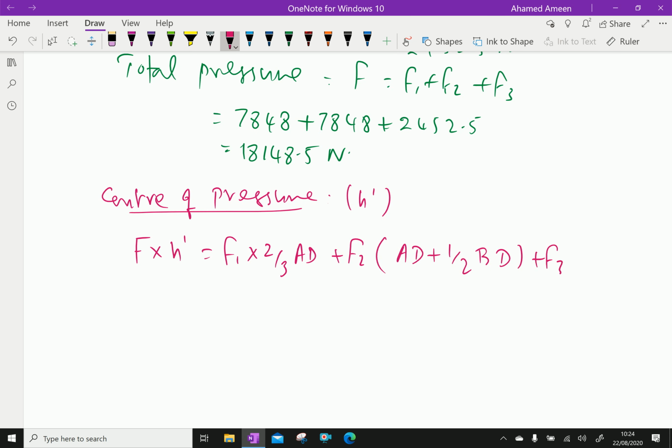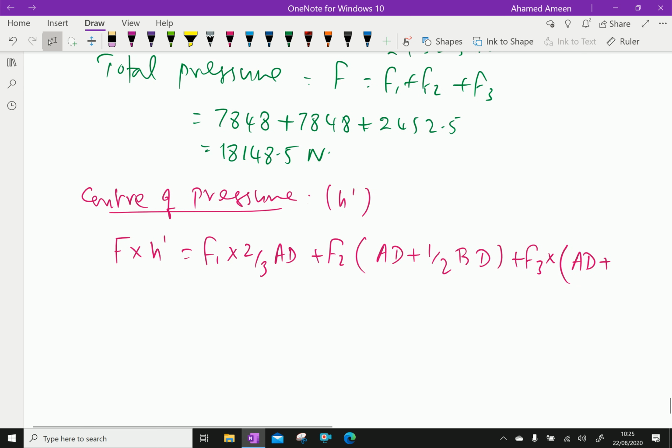Then F3 is another triangle, with the distance AD, the height from the apex, plus two-thirds of BD for the third triangle.